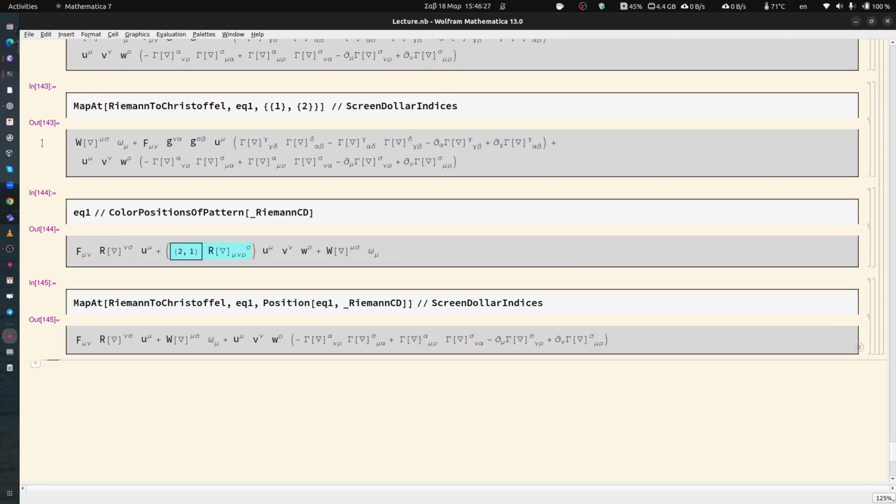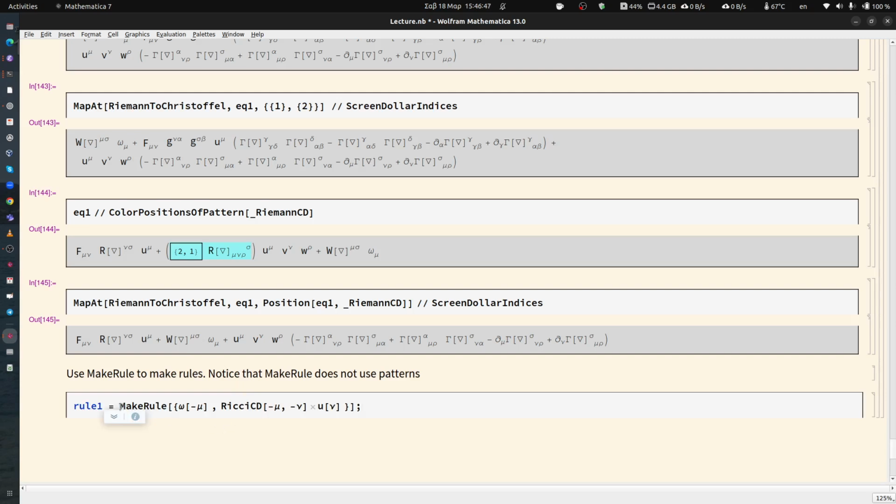So MakeRule makes rules, but without using patterns in the definitions. So this is an example here.